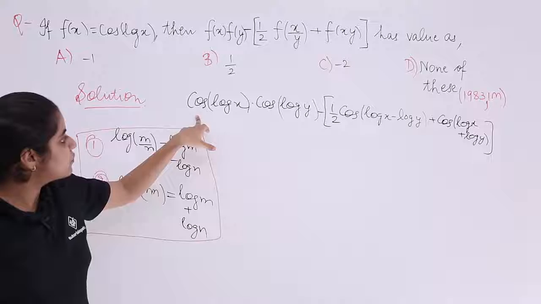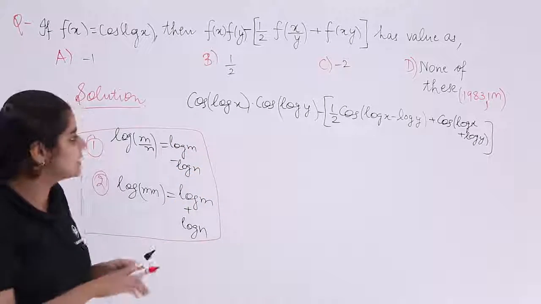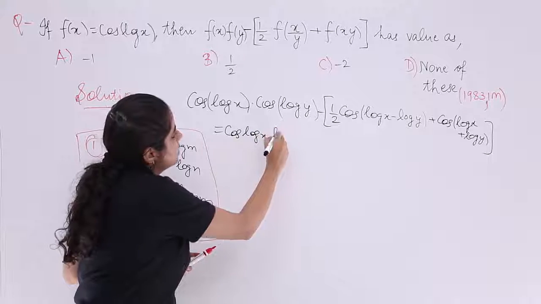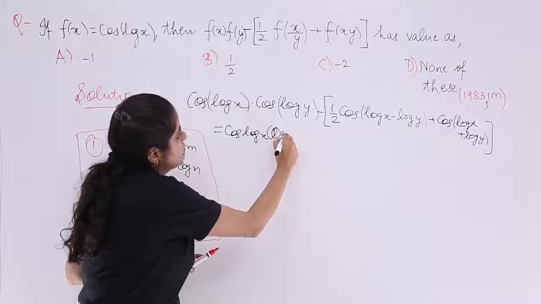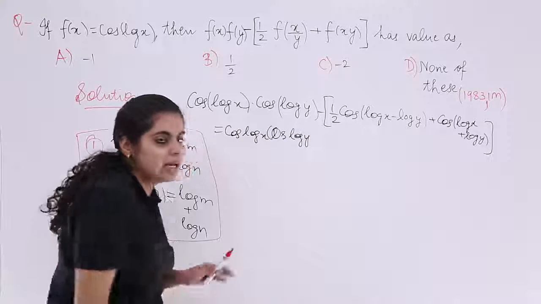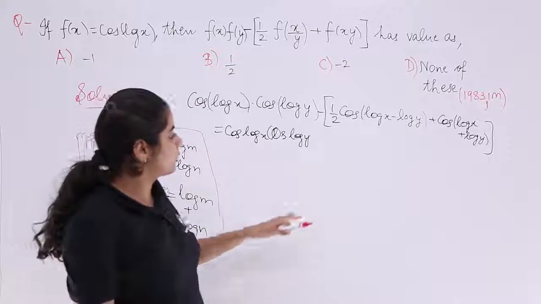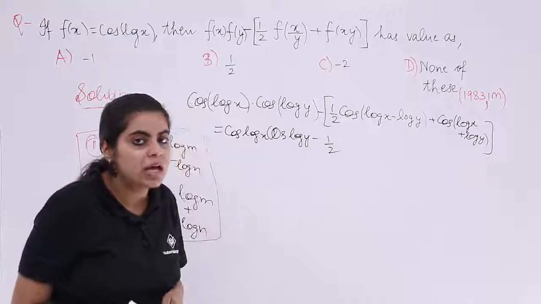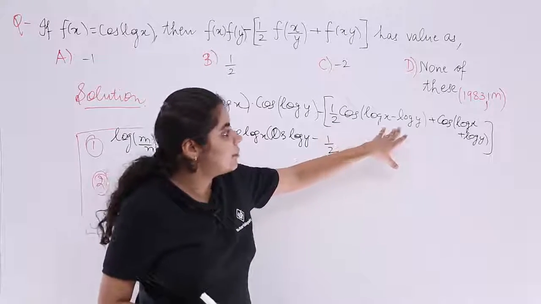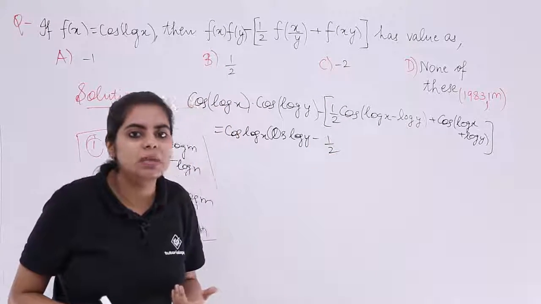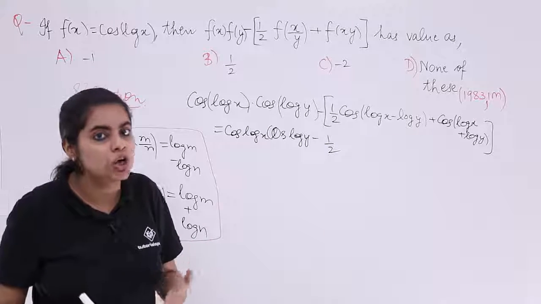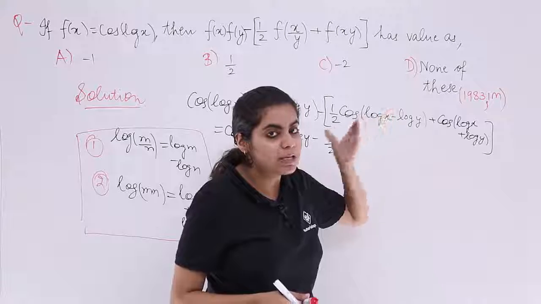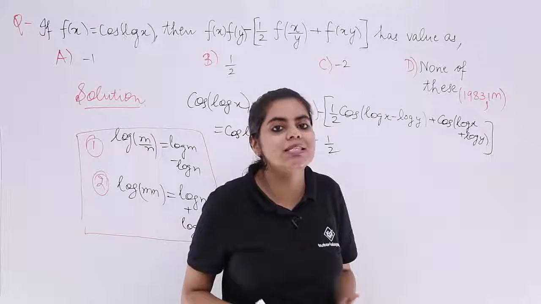Now, I have cos log x, cos log y as it is. Let's copy them, cos log x and cos log y. Nothing can be changed here. Half is there, okay. And what is cos(a minus b)? Cos(a minus b) is again a formula. It is cos a cos b plus sin a sin b. And cos(a plus b) is cos a cos b minus sin a sin b.